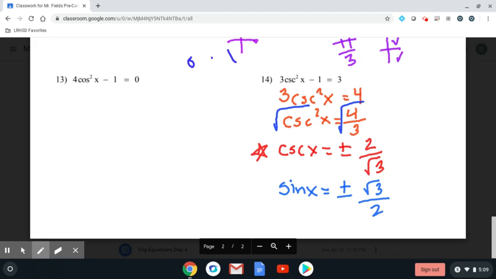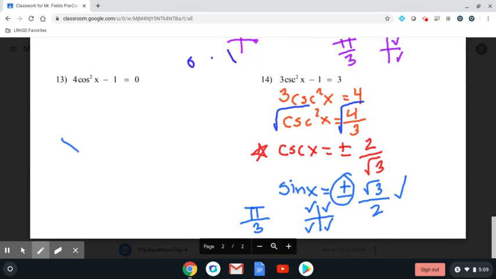So now the reason why I didn't rationalize the denominator is because at this step, that's now a special angle that you guys know how to find and then find the quadrants for. So in this case, since sine is y and it goes with root 3 over 2, we know that we're working with a special angle of pi over 3. And because we have that plus minus sign, just like the last few problems, we know in this case that we're going to be in all 4 quadrants.